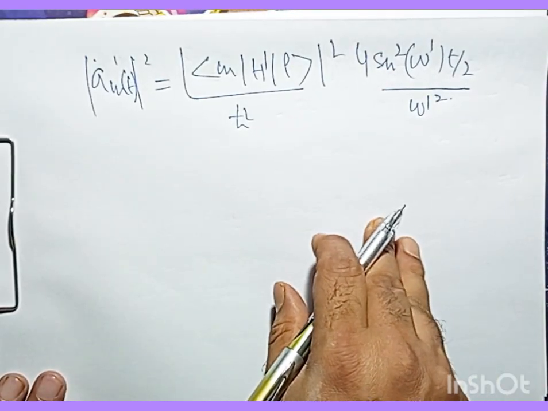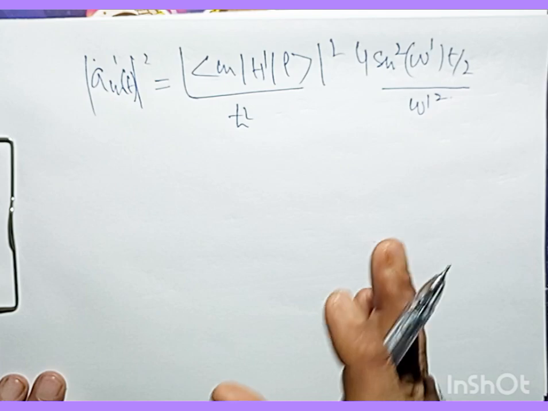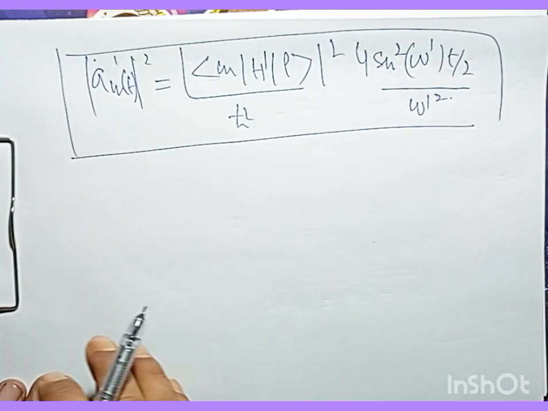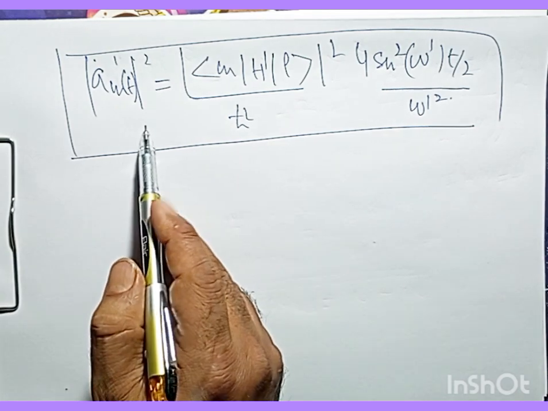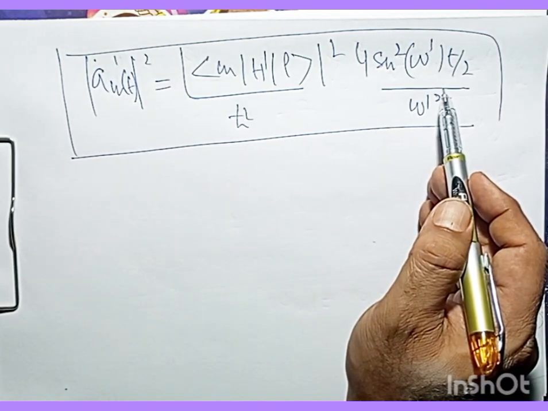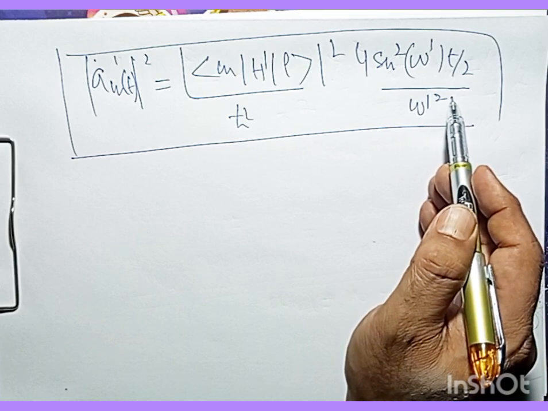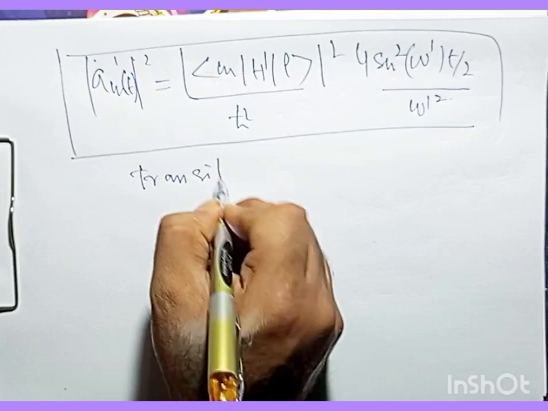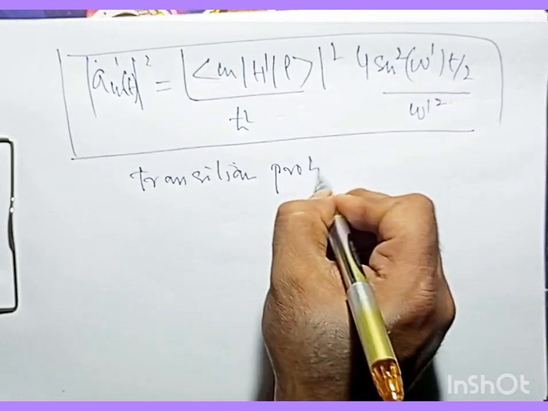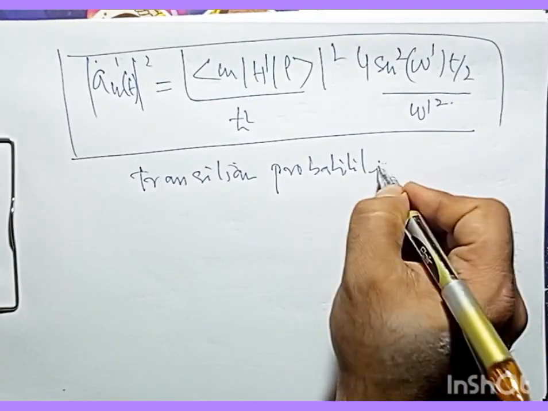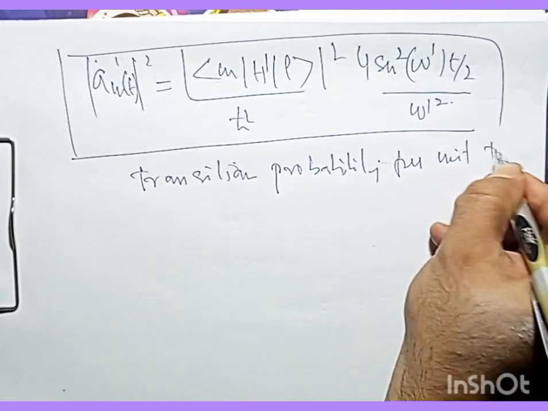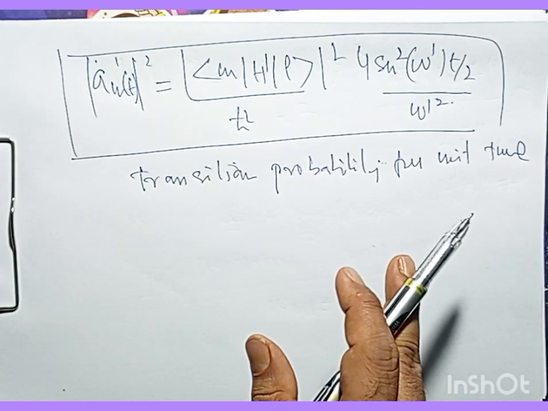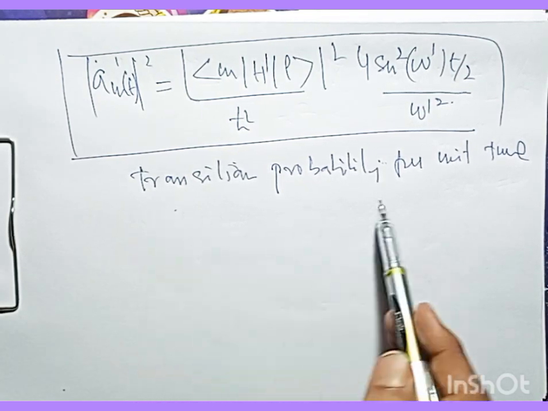All right. Now, since this is our probability of finding the electron, and since this transition probability that we have here is proportional to time, it is therefore important to introduce the quantity that is called transition probability per unit time.